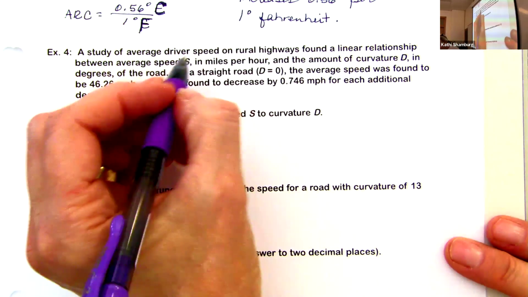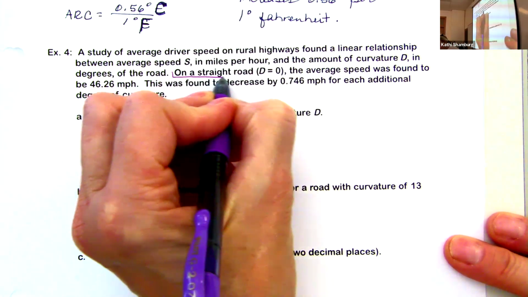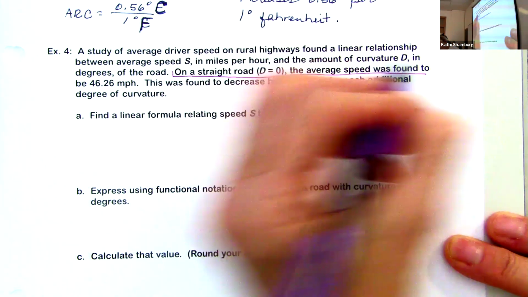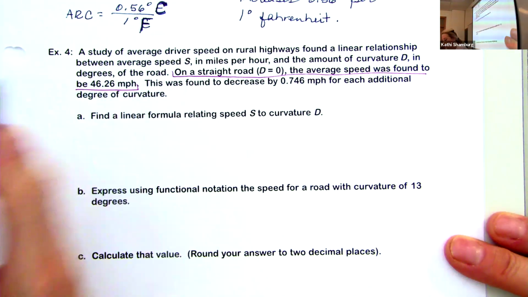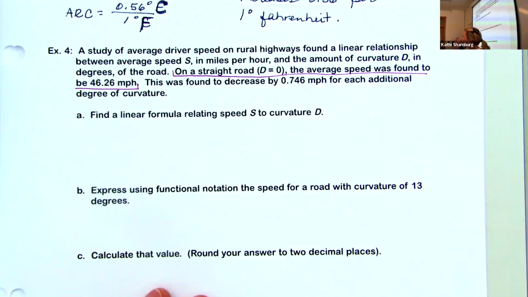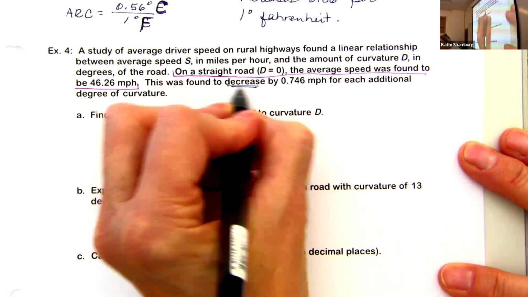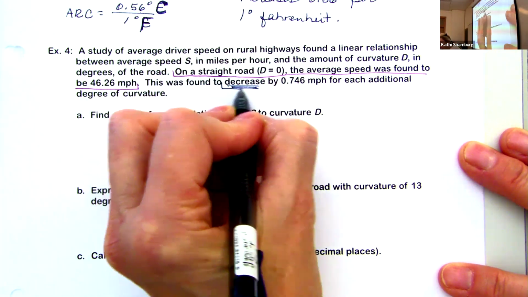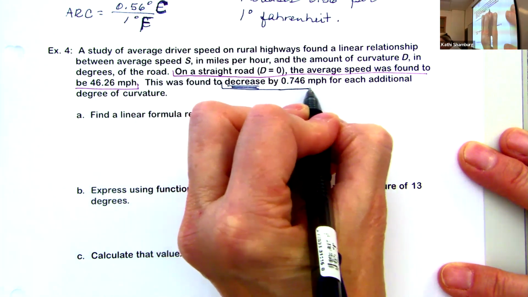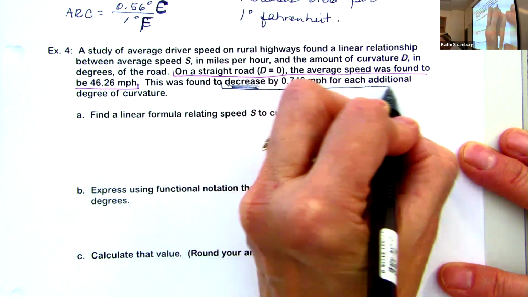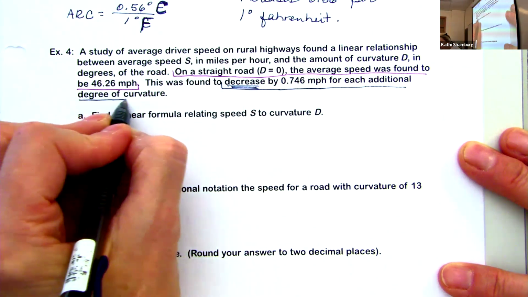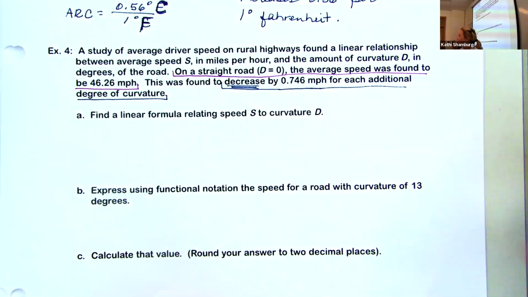Okay, there's 2 numbers. So I'm going to guess that this is giving us an ordered pair. I just don't know which number. I don't know if 0 is the function or the variable yet. This was found to decrease, pay attention to this, decrease by 0.746 miles per hour for each additional degree of curvature.